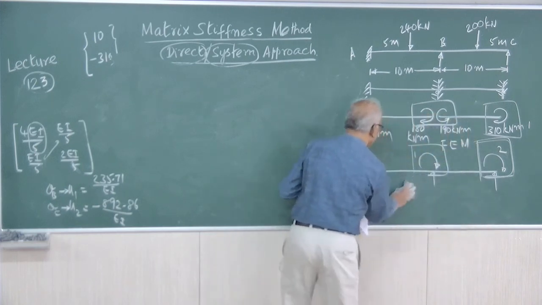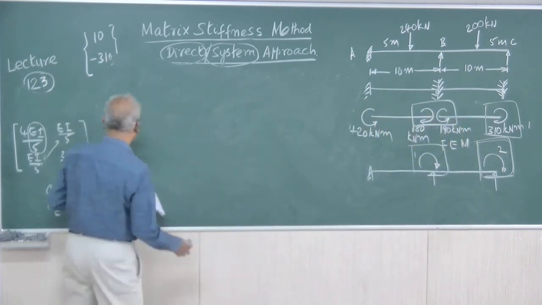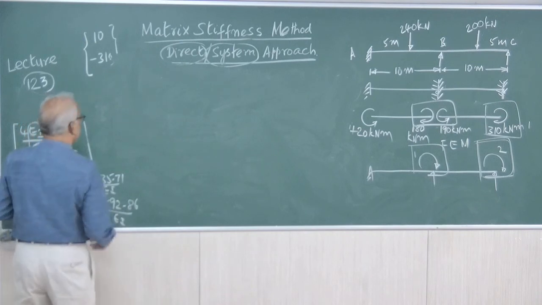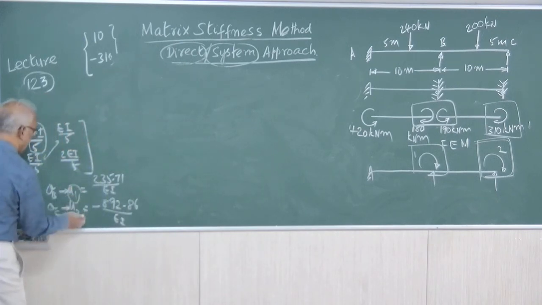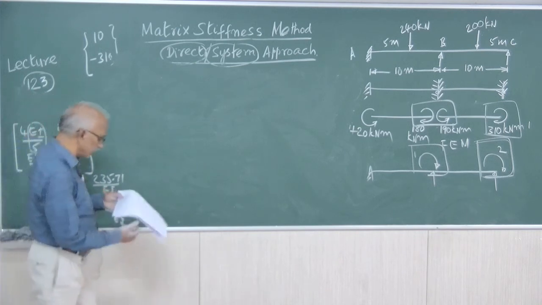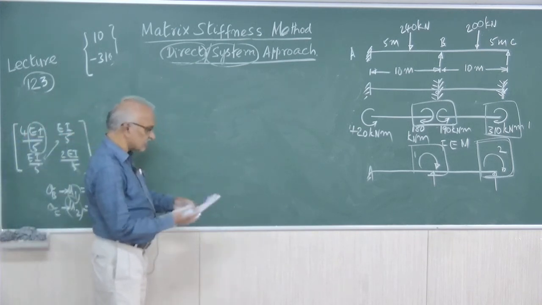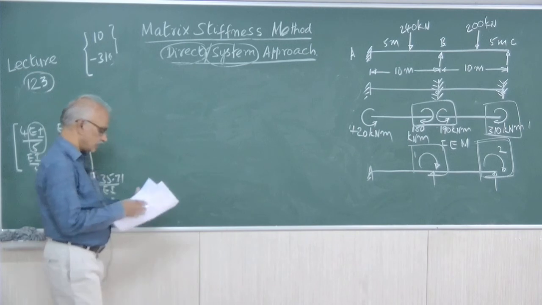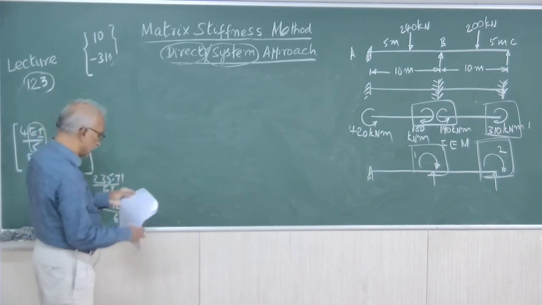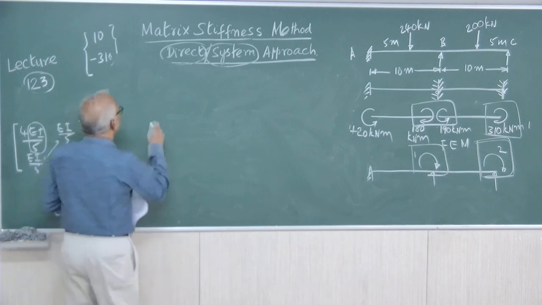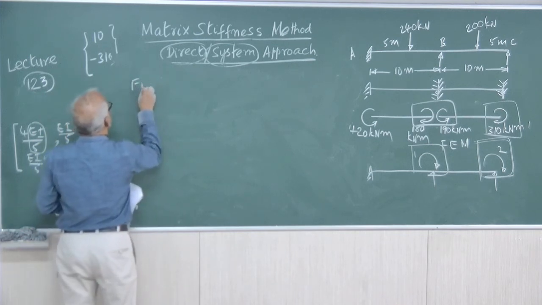Therefore, as we know already, it is otherwise called the displacement method, or the equilibrium method. Now the definition will be more clear, because right now we have to find out the final moments.